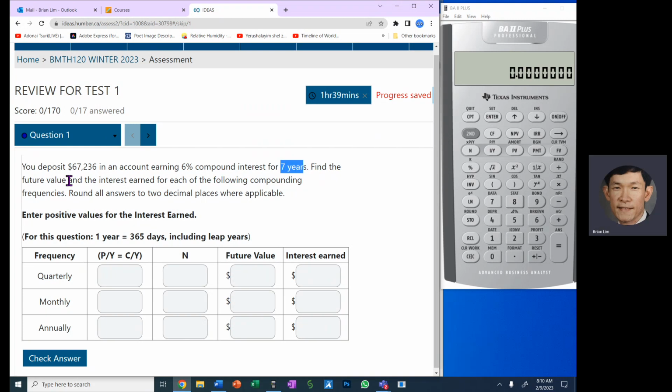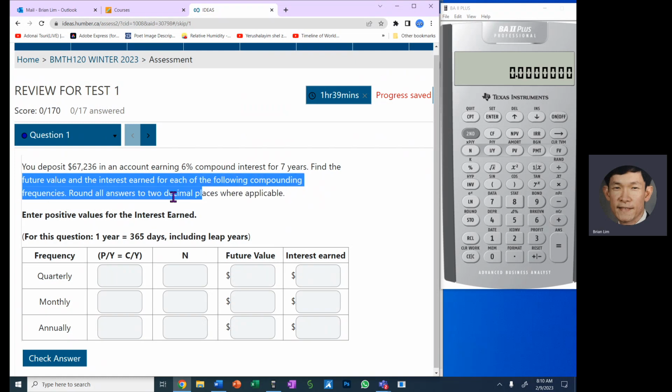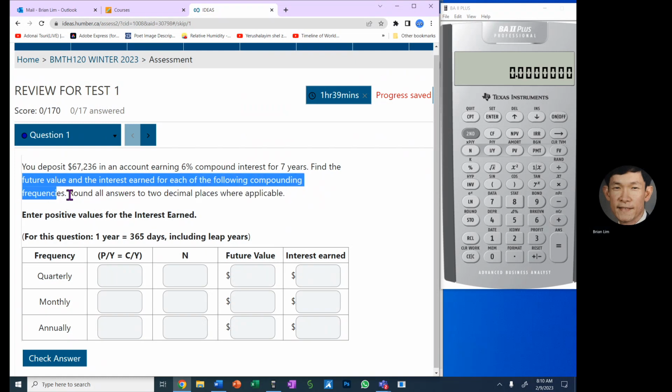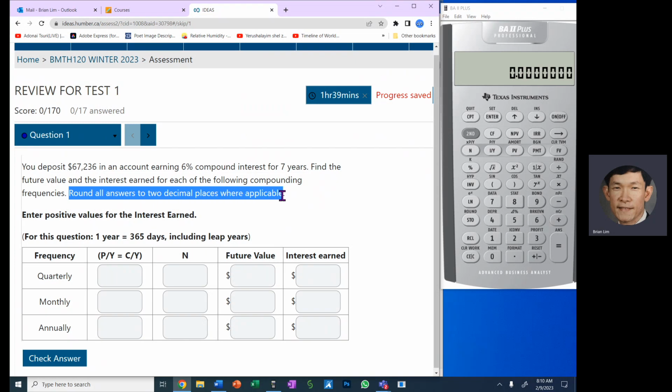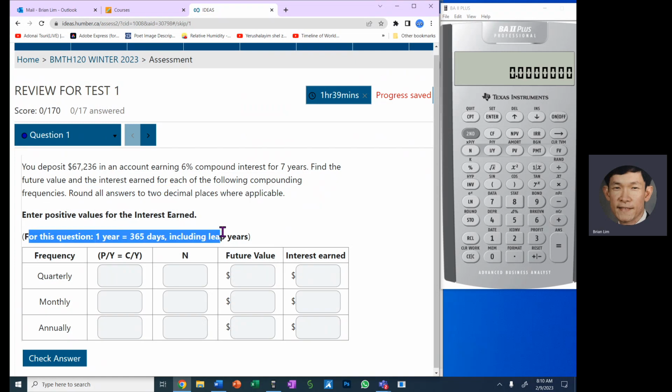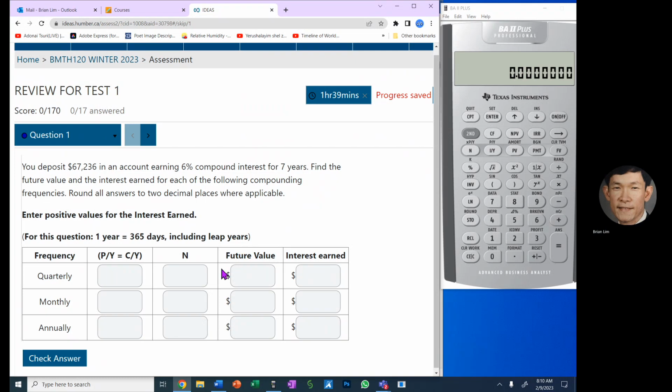Find a future value and the interest earned for each of the following compounding frequencies. Round all answers to 2 decimal places where applicable. Enter positive values for the interest earned. Okay, and for this question, 1 year is 365 days, including leap years.